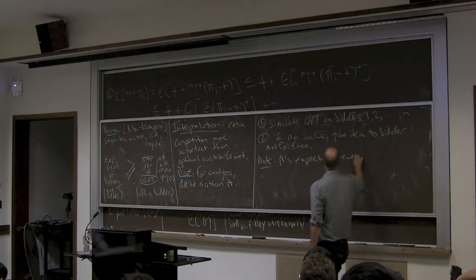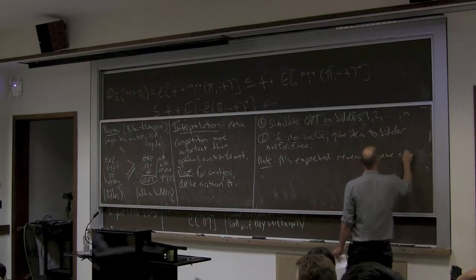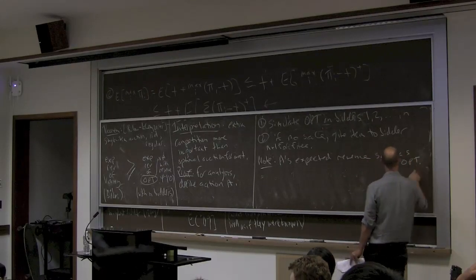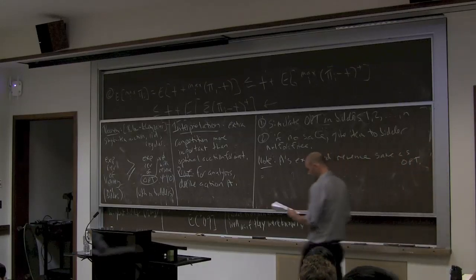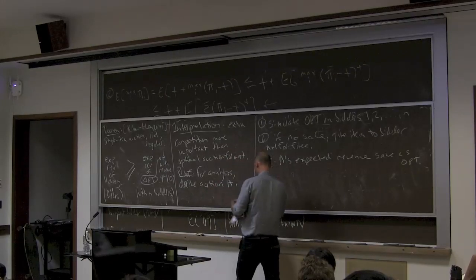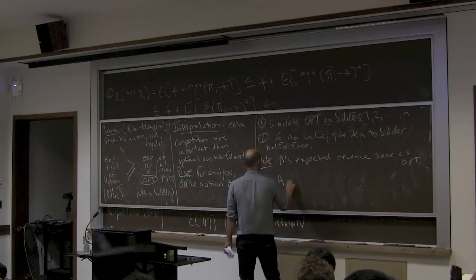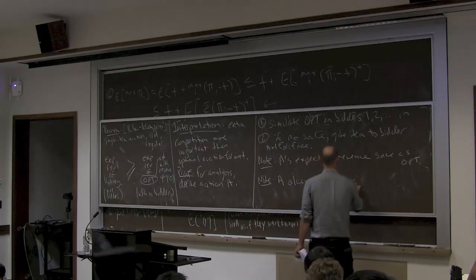So A's expected revenue with n plus 1 bidders is the same as opt, where opt is with n bidders. Okay? Also, something I obviously enforced is that A always allocates the item.